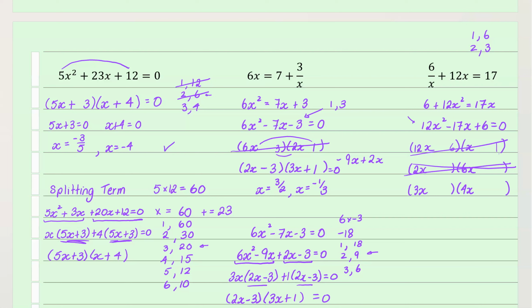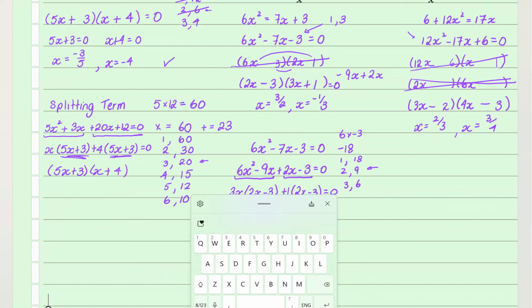If I put the 3 here, 3 3s are 9, and if I put the 2 here, 2 4s are 8. So 9 and 8 give me 17. Double check, are they both negative? Yes. So done, equals 0. I can't fit it in. So x is 2/3 or 3/4.